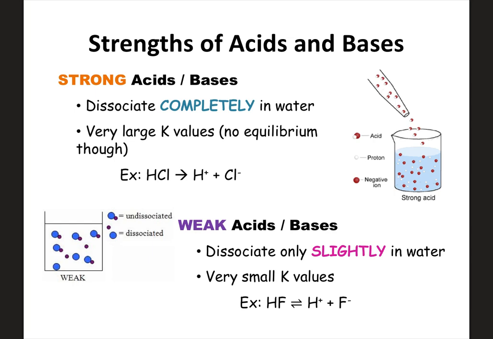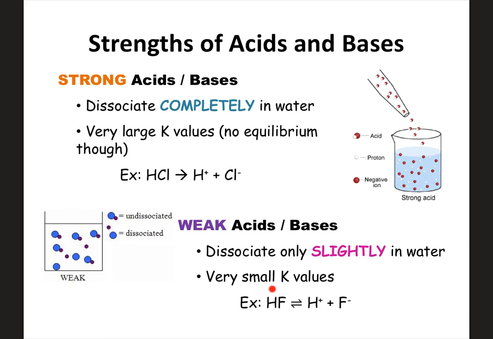Weak acids and bases dissociate only slightly in water. So what that means is the weak acid or base will turn into ions, but you'll still have some of the original acid or base present. We say that they dissociate only slightly in water. Their K values are much smaller, so you still have more of the original substance here, if you will.